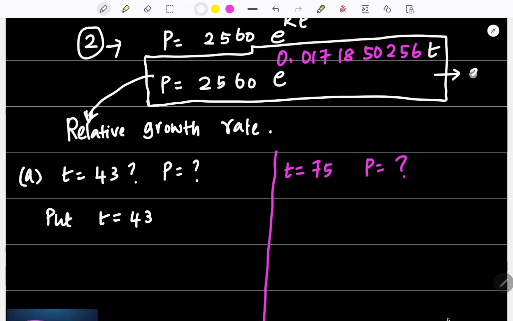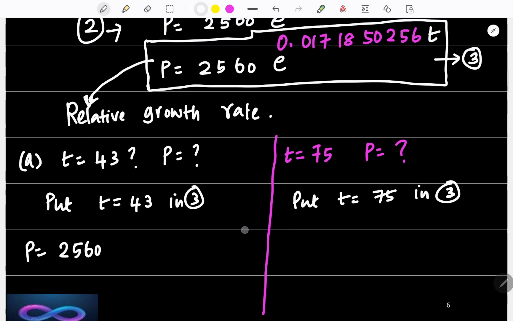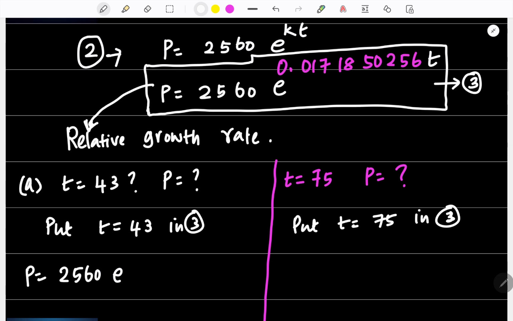Let me call this equation number 3. Similarly, put t equal to 75 in equation 3. Very simple. So p is equal to 2560 e to the power of 0.0171850256 bracket open, and t is equal to 43.